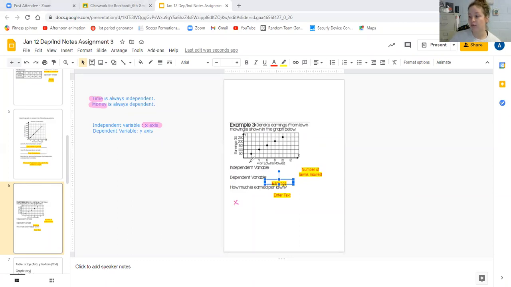Our x stands for which number? No, look, if I'm looking at this first dot on this graph, what is it going to represent on my x-axis? Which number?